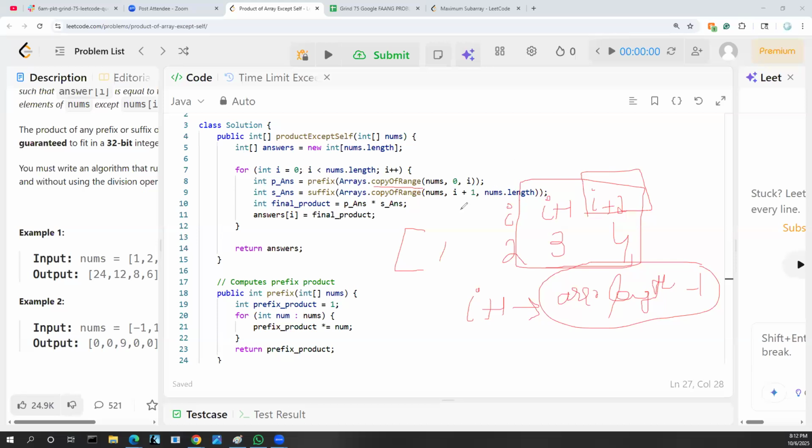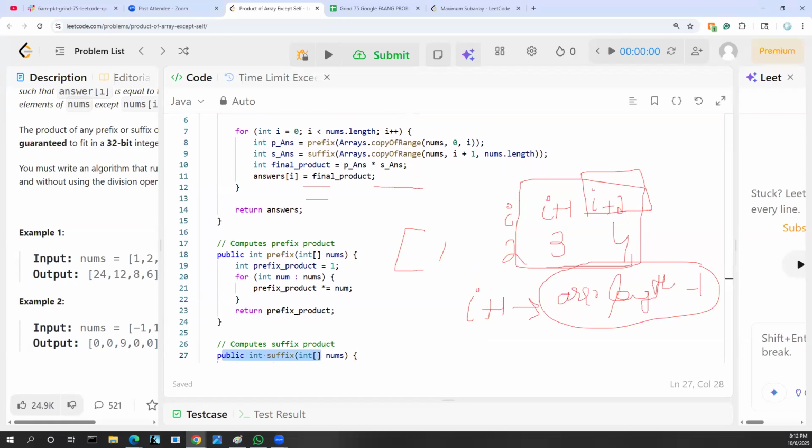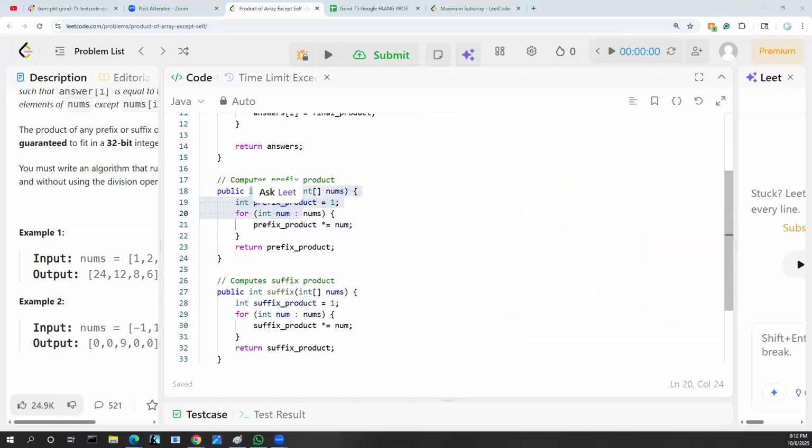As I keep looping, my I keeps increasing and my indices change. I'm getting the changing subarrays along the way, and I'm feeding those subarrays into these functions. And what are these functions doing? Anytime a prefix has been sliced out of nums, it gets fed into the prefix function, and the suffix subarray gets fed into the suffix function. How these functions work is that your prefix function multiplies.